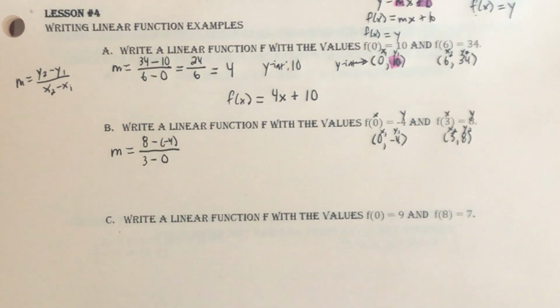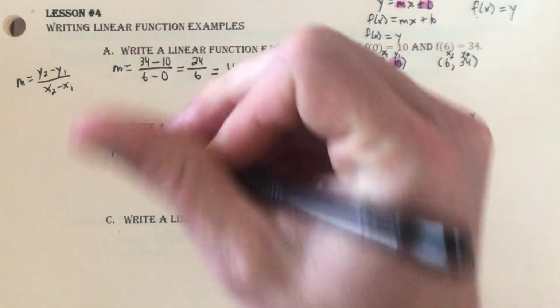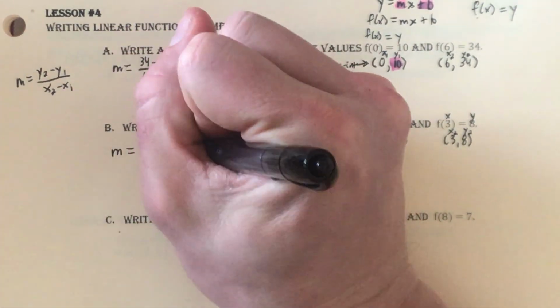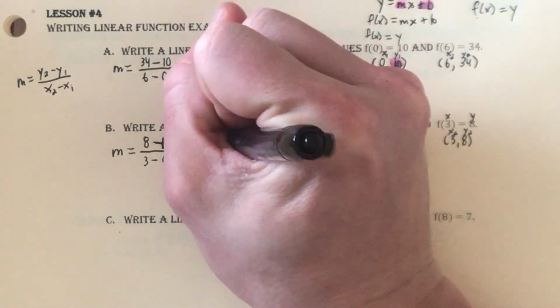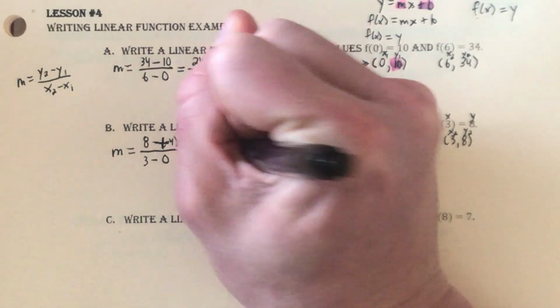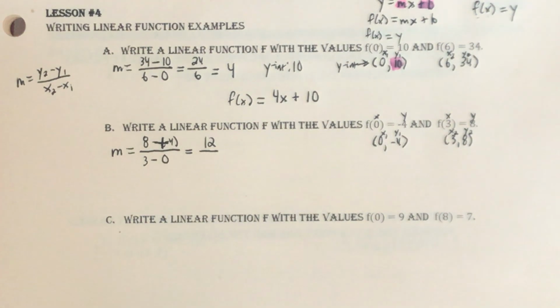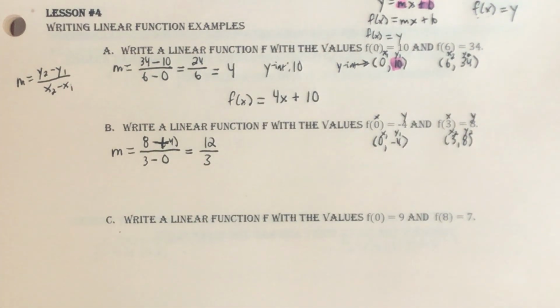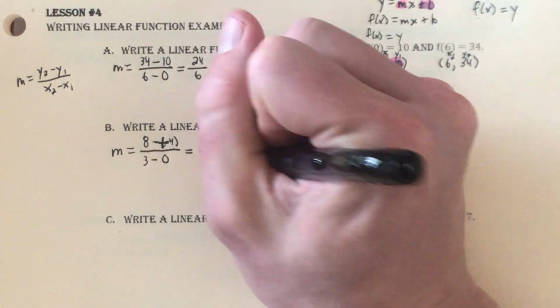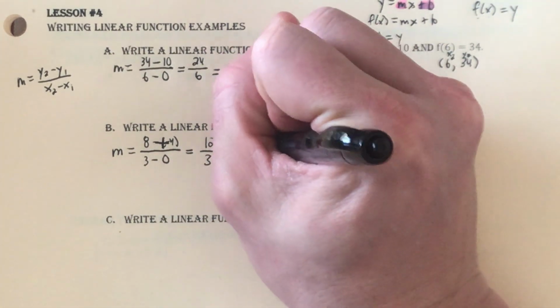All right, well now I've got my information in, so now I got to go in and solve it for the slope. So 8 minus -4, that double negative becomes a plus, so 8 plus 4 is 12, over 3 minus 0 is 3, and then 12 over 3, that is 12 divided by 3, which is also equal to 4.